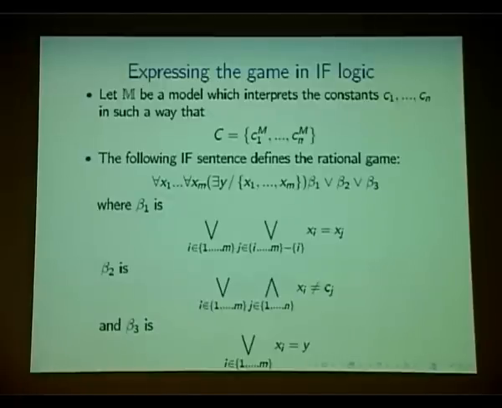So the universal player is going to pick M elements from the universe, and then the existential player is going to pick one element from those without seeing the choices made by the universal player. And then the true sentence is beta 1, beta 2, beta 3. They just spell out the winning condition for the existential player.